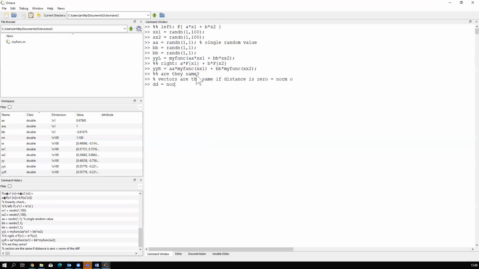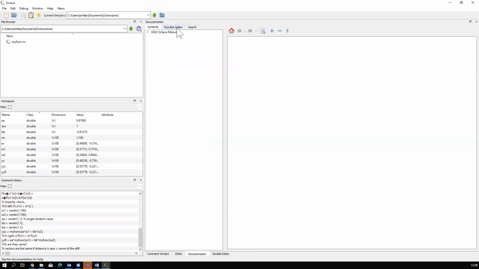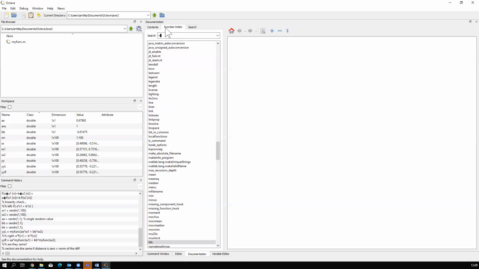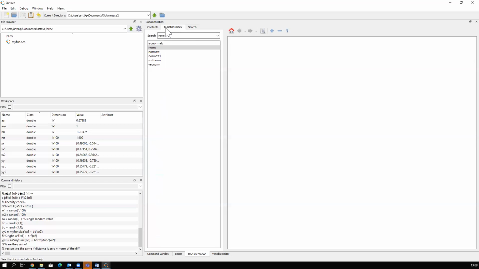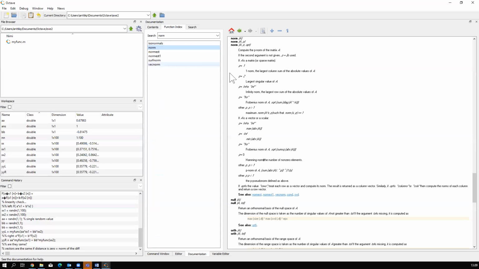I need to now first check what the norm is. Documentation, function index, norm. Okay, I think the second norm is used if the second argument is not given.